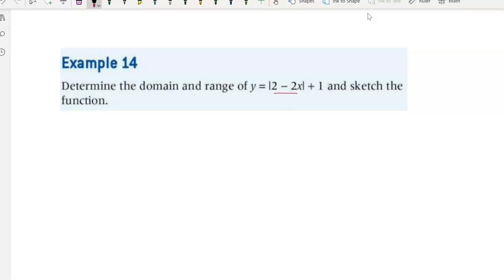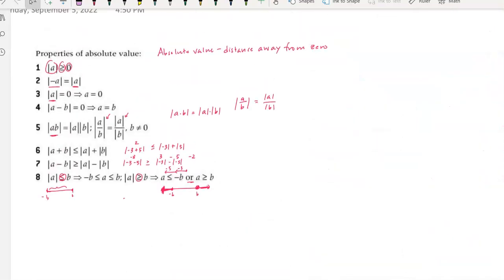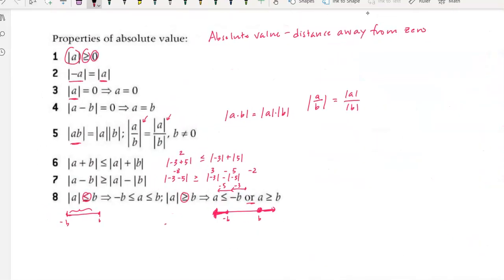So I'm going to rewrite this as negative 2x plus 2 plus 1. And then I'm going to factor out the negative 2: negative 2 times (x minus 1) plus 1. And then look what I can do. I can take this, because that's a property, right? I can take both of the multiplications.